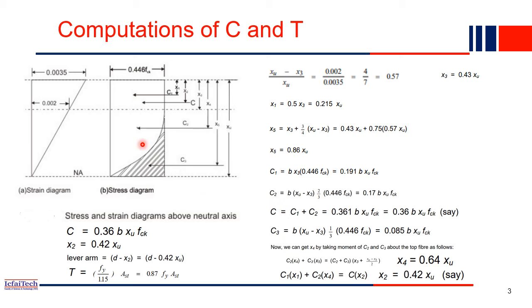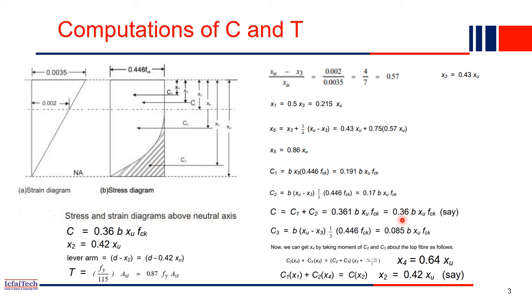Now what is C? C is the total stress block, right? The total area of this stress block, which is nothing but C1 plus C2. C1 is this rectangular plate and C2 is this portion. So total C is C1 plus C2. You just add the values of C1 and C2. You will get 0.36 b xu FCK.